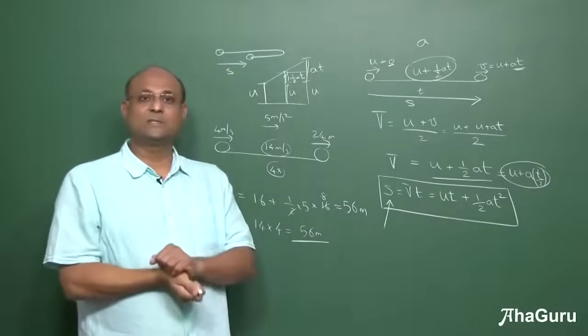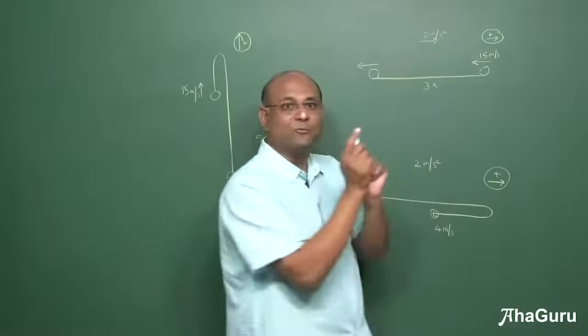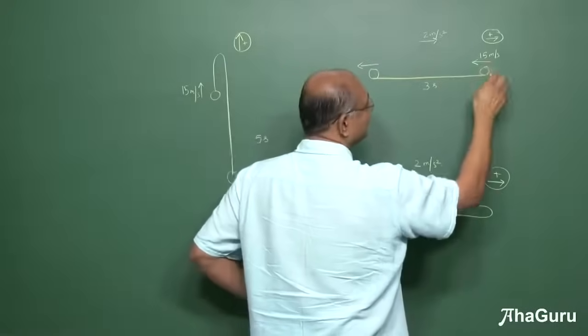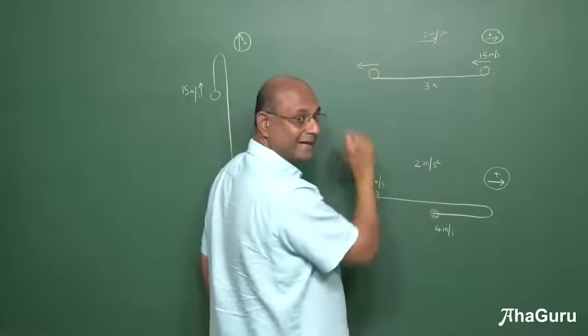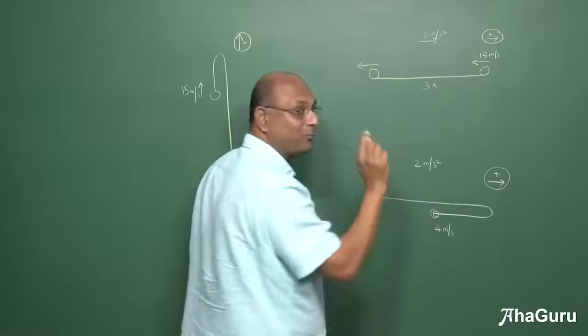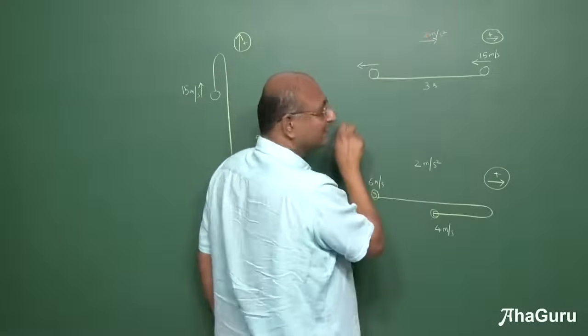Okay, let us use this by trying out a couple of questions. So now we have a few questions here. So let us look at this one. So this object is moving like this, starting here and ending there. Starts with 15 meters per second, but we have been told to take that as the positive direction. And the acceleration is pointing in that direction.